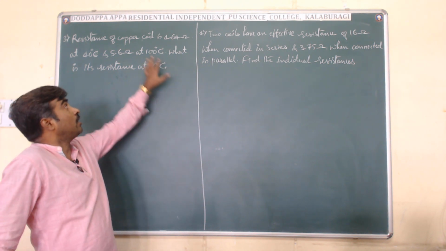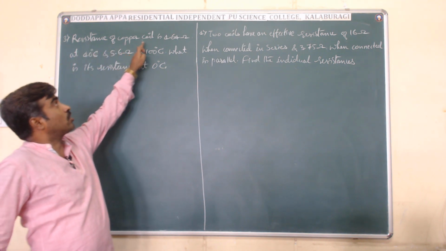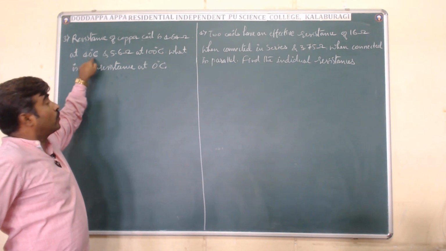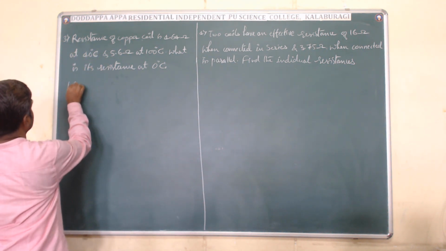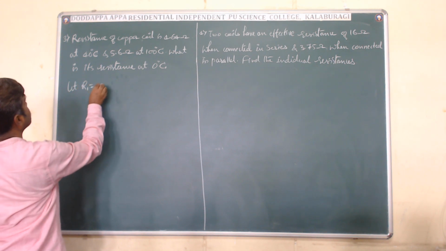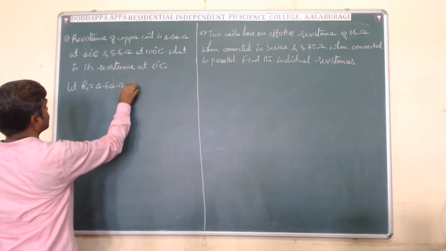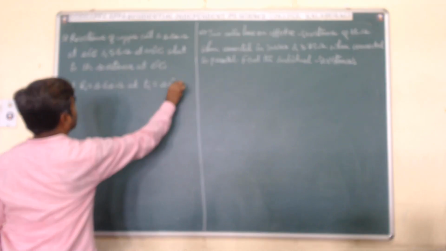Based on that, the next question is: the resistance of a copper coil is 4.64 ohms at 40 degrees centigrade. Let R1 be equal to 4.64 ohms at T1 equal to 40 degrees centigrade.